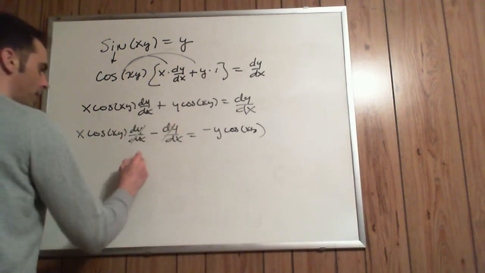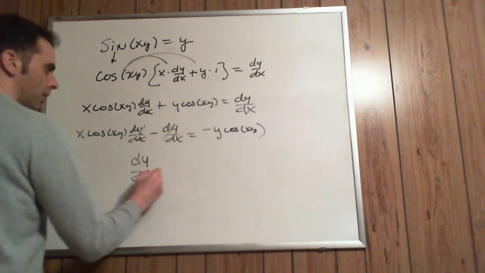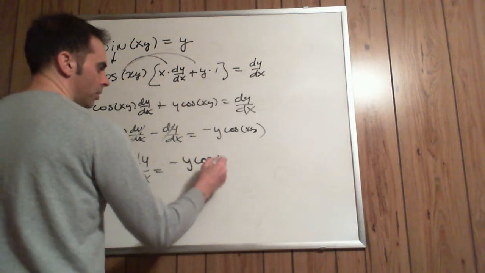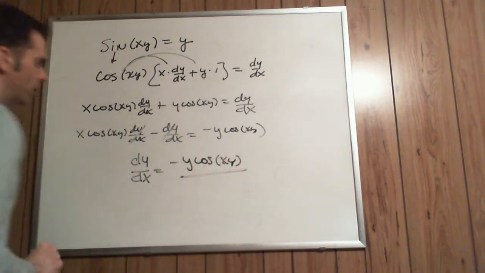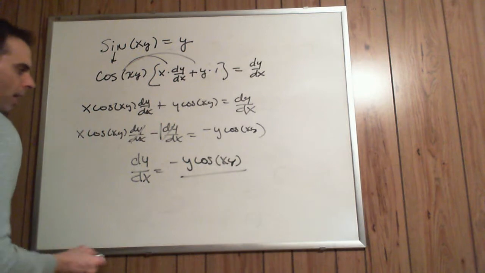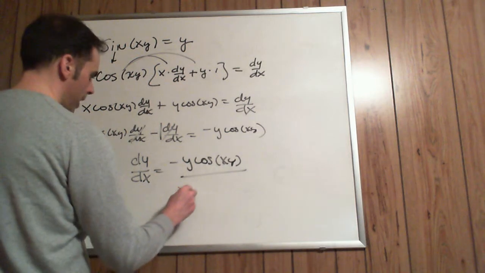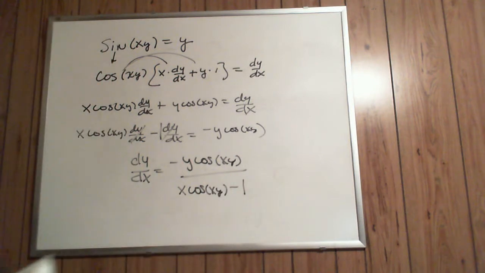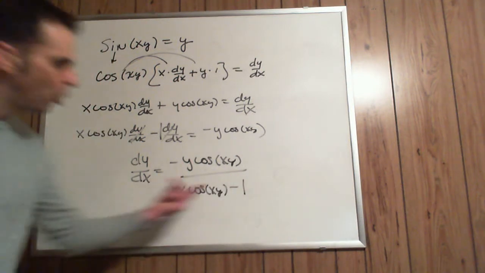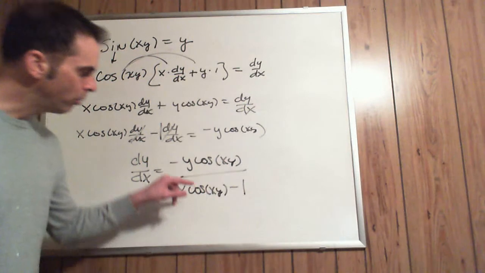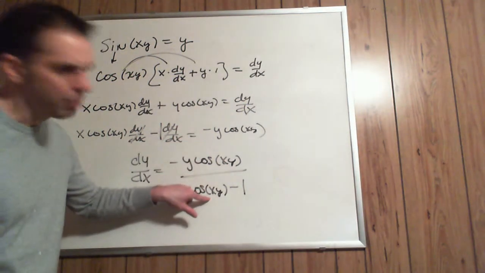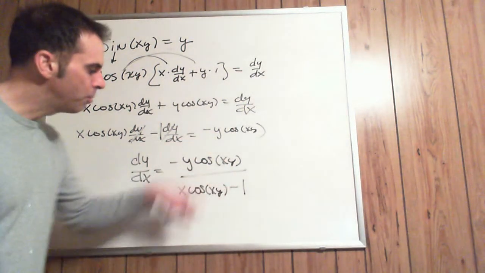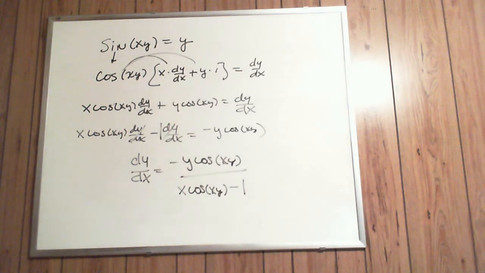Factor out the dy dx, but be careful, because what's left here is a 1 when you take that out. So what we have left is x cosine of xy minus 1. And that does not simplify. If this was a monomial in the bottom, then we could take each of the tops and divide it by the bottom. But we cannot do better than that with it not being a monomial in the bottom.